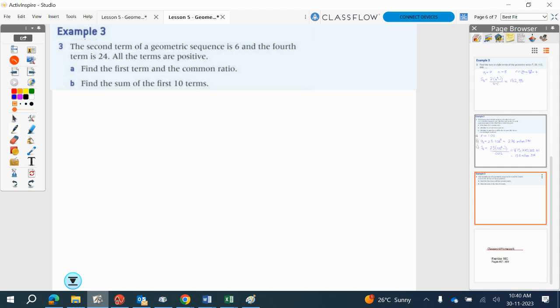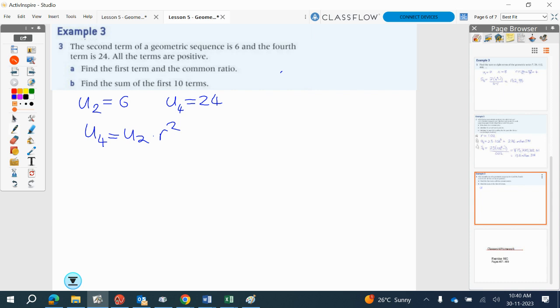So our last one. The second term in the geometric sequence is 6. So let's write this one up. We've got U2 equals 6. If we wish to calculate U4 and we're at U2, how many lots of R do we have to multiply by? 2.